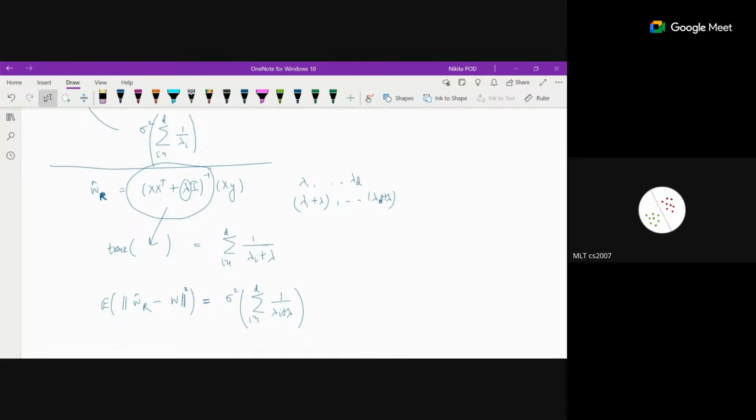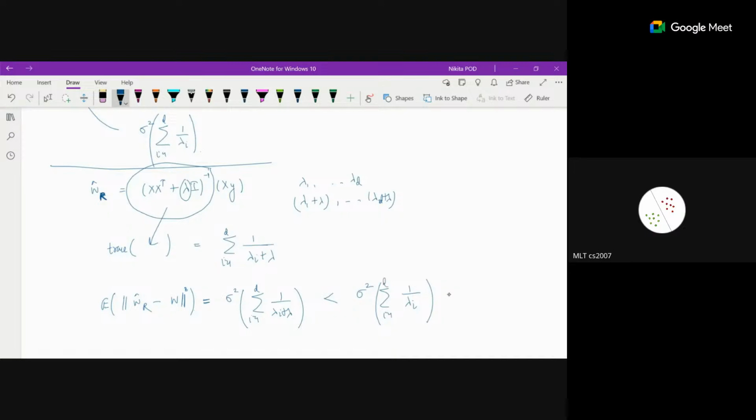And we know that this error is lesser as compared to the error that we had gotten for my ML estimator, right? And that was sigma square times the sum over 1 upon lambda i, varying from 1 to d.